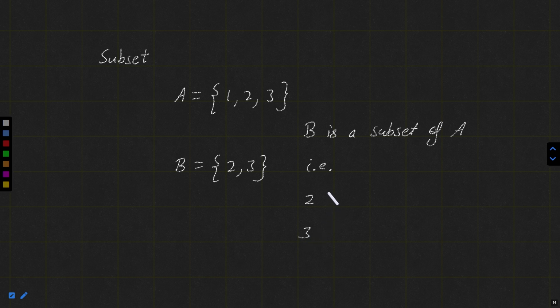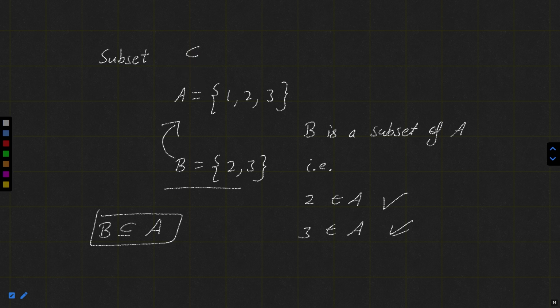Do these elements belong to A? Yes, they belong to A. So all the elements of B are in the set A. Whenever this happens, we say the set B is a subset of A, and write it like this. The symbol for the subset is this. Clear?